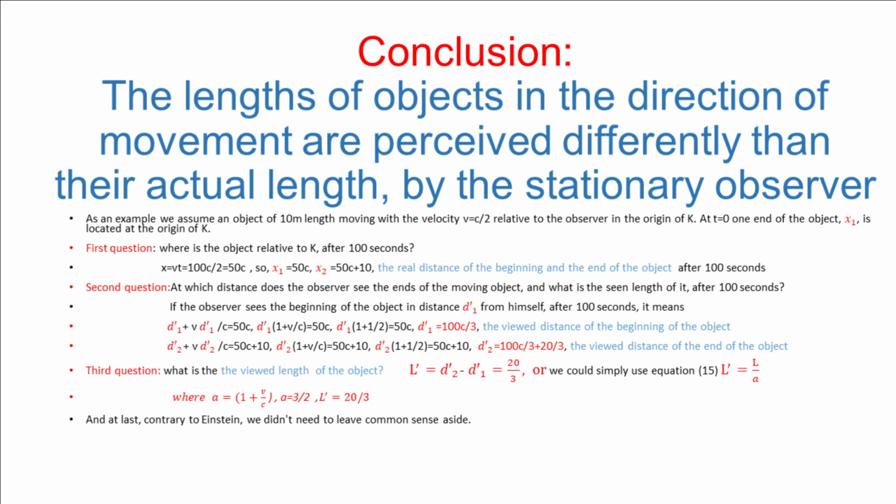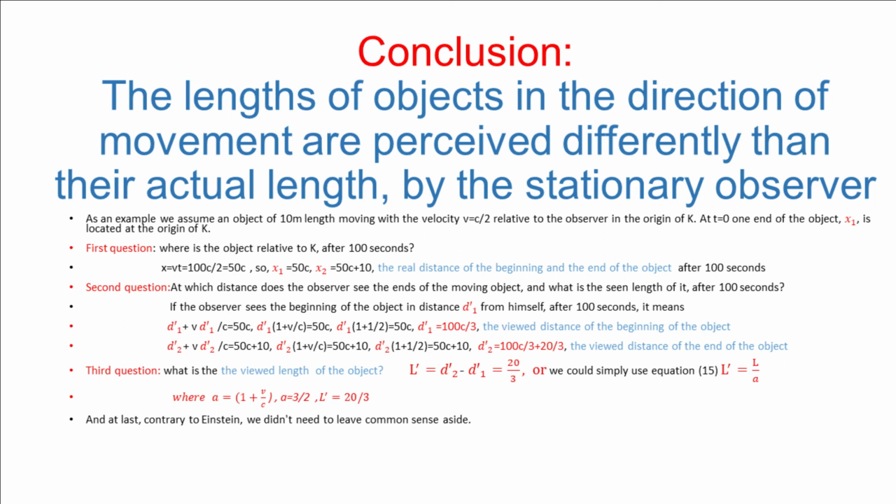If the observer sees the beginning of the object at distance d prime sub 1 from himself after 100 seconds, it means d prime sub 1 plus v times d prime sub 1 over c equals 50 times c, or d prime sub 1 multiplied by the quantity 1 plus v over c equals 50 c.